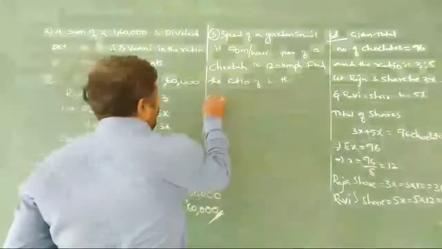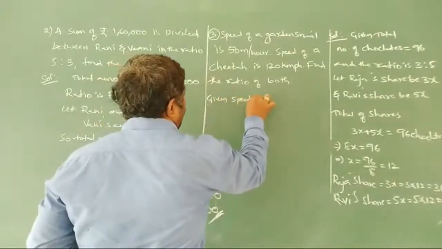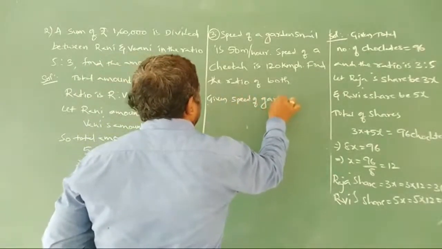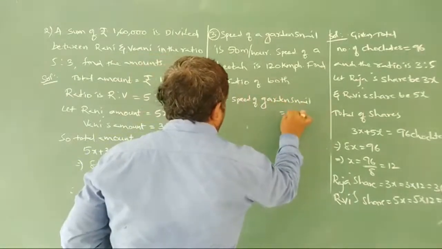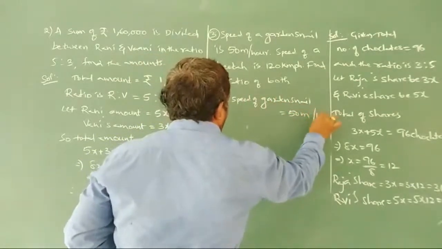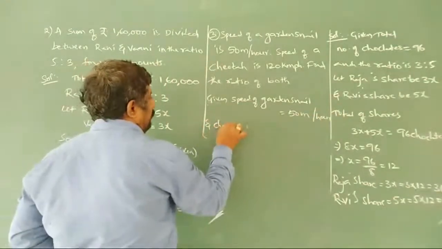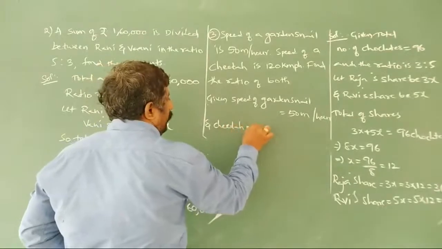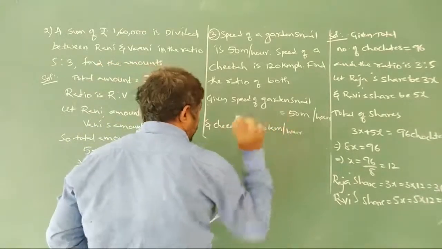Now, given speed of snail is 50 meters per hour and cheetah 120 kilometers per hour.